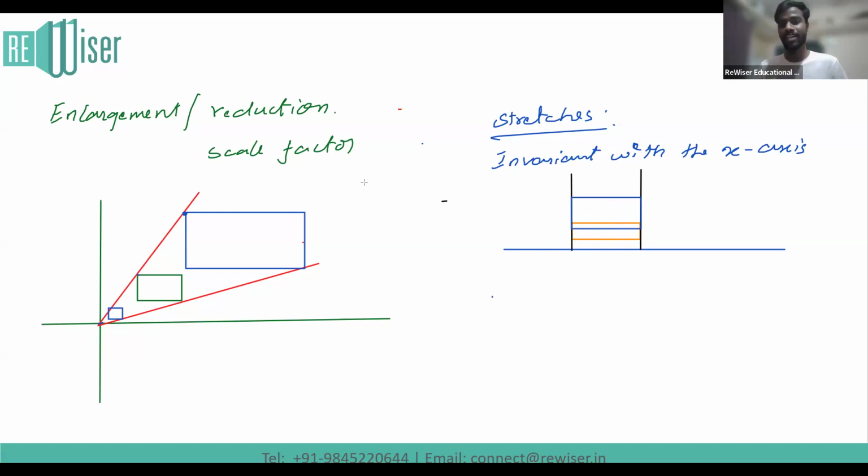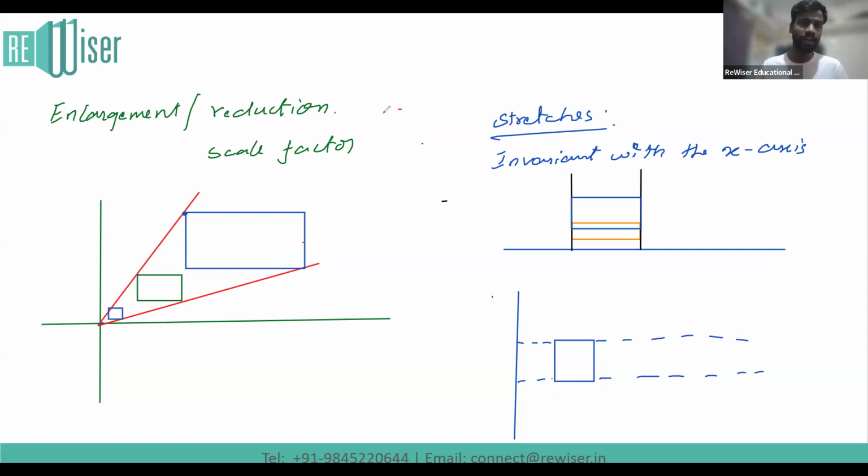And when I say invariant with the y-axis, it would be the other way around. So the y-axis would be somewhere here. And let's say I have some shape, and when I say stretching it, the stretch will happen through these two lines.